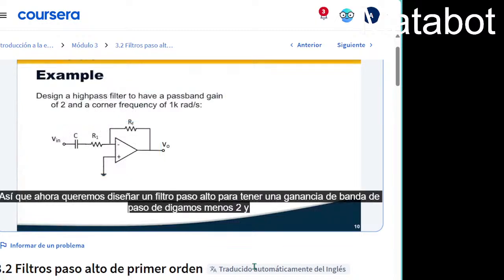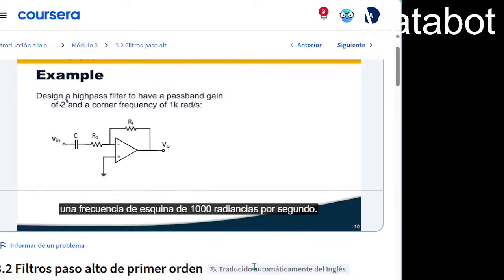So now we want to design a high-pass filter to have a pass band gain of, say, -2, and a corner frequency of 1,000 radians per second. Remember, our transfer function for this filter is minus RF C j omega over R1 C j omega plus 1.